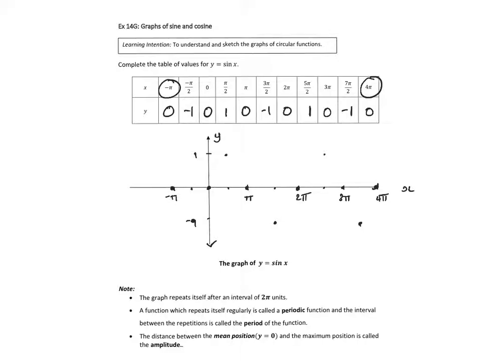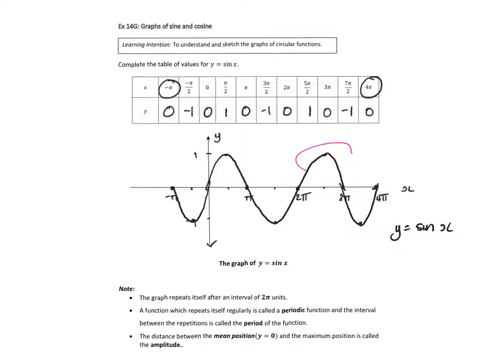So now I pretty much have to join all those dots together. And so when I join those dots together, that's what I get. So what am I looking for? I'm really looking for nice, round, curved maximums and minimums there. It's almost like an upside down parabola and an upright parabola.